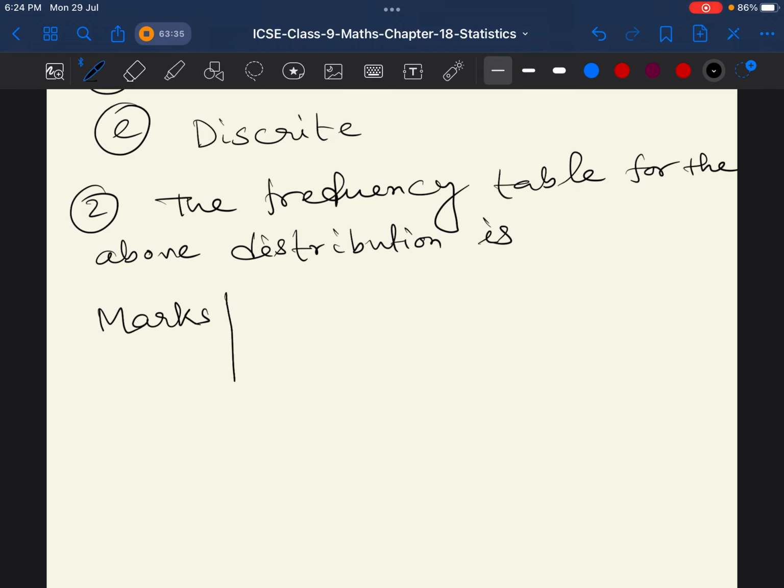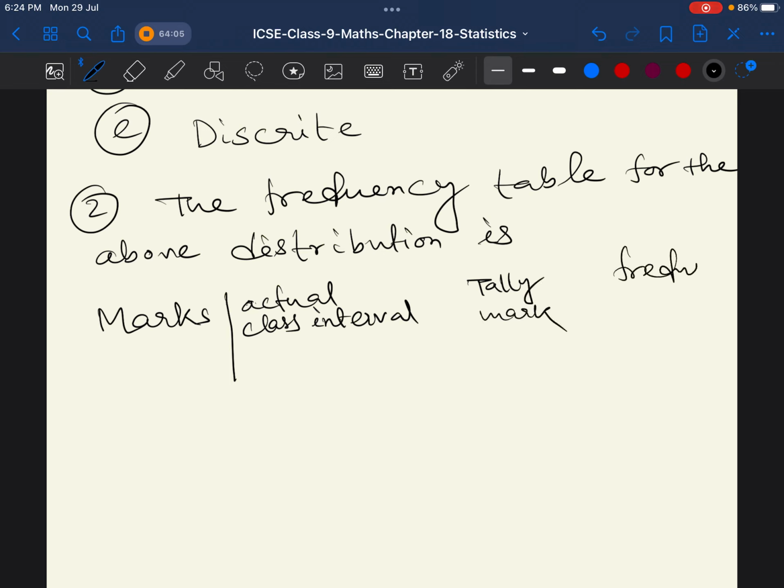So the columns are: marks, actual class interval after adjustment, class mark, then frequency.